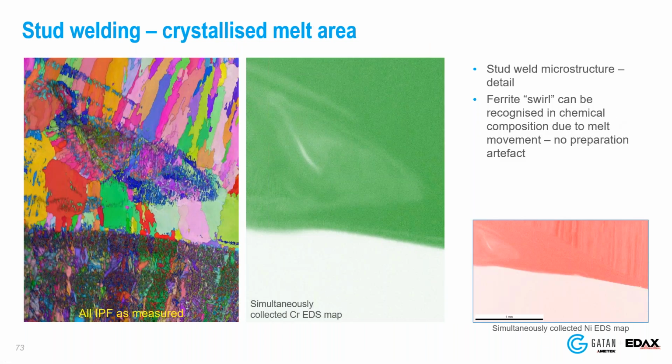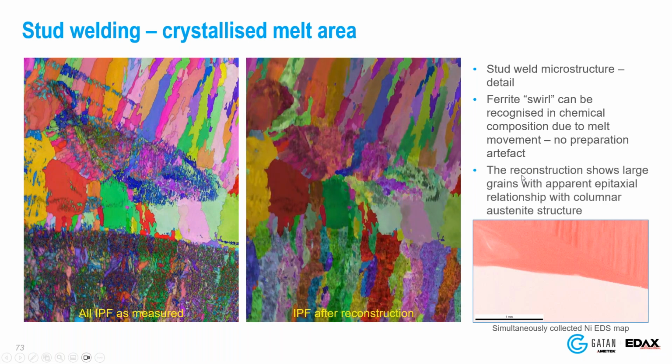Now, finally, the swirls, as I mentioned, we have here the blue area is martensitic, and then we have the austenite around it. And here we have chromium, here we have nickel, and you can see there's some variation in chromium and nickel in there. And when I do a reconstruction, we get those very big grains that correlate with the nickel area up there.